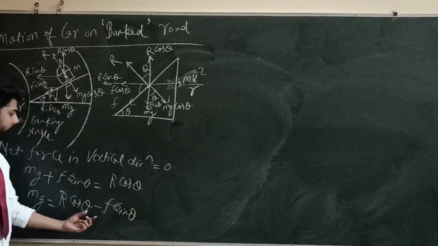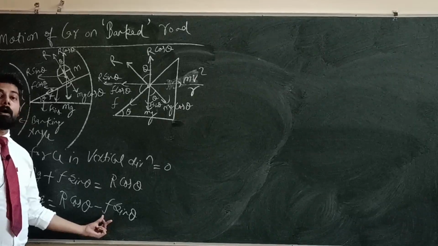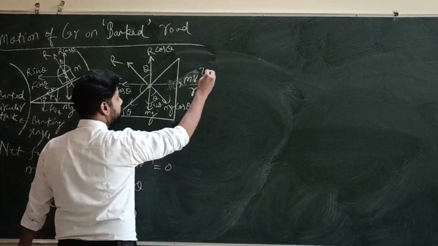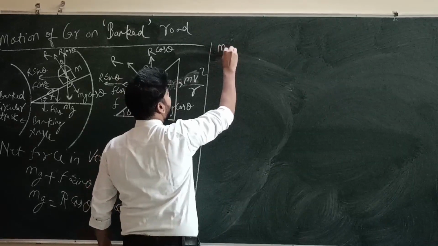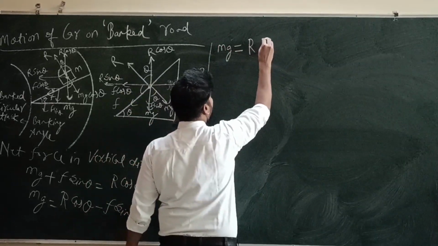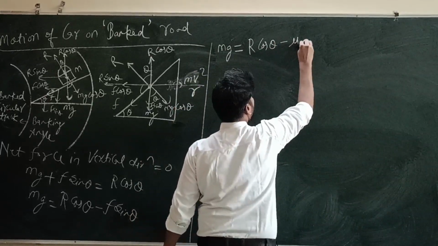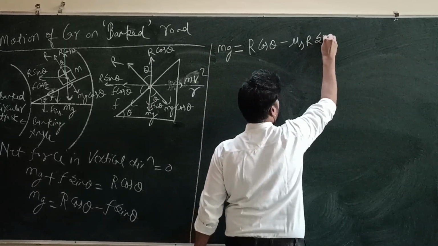Again we will use the formula of friction force, that is mu s into R, where R is the normal reaction. So mg equals R cos theta minus mu s R sin theta.